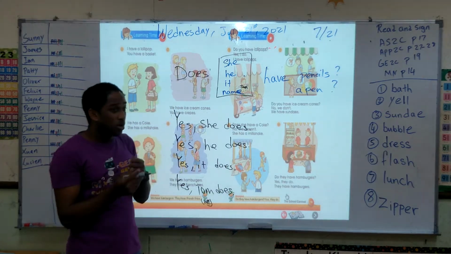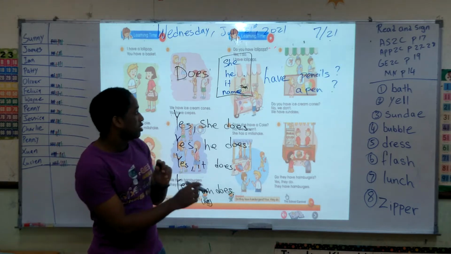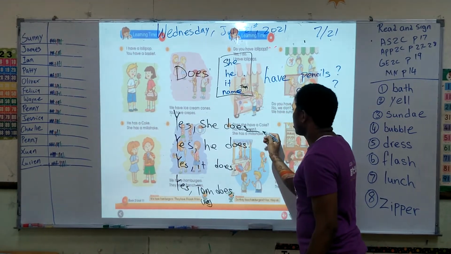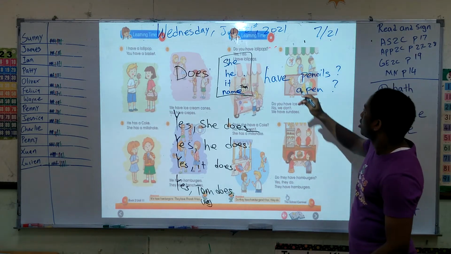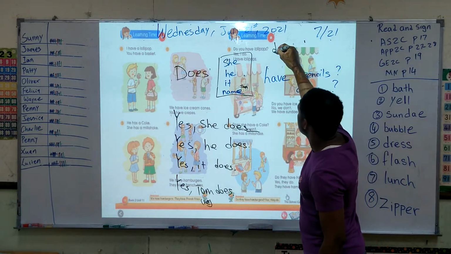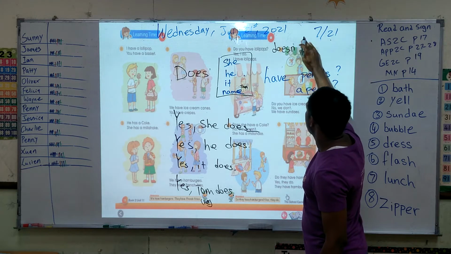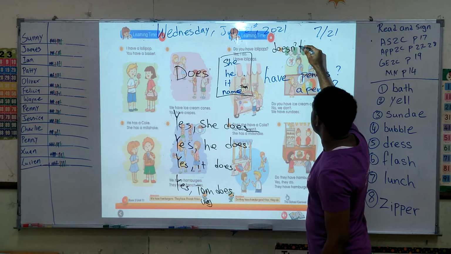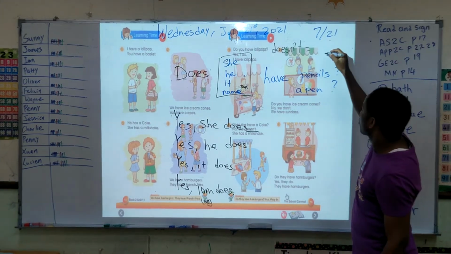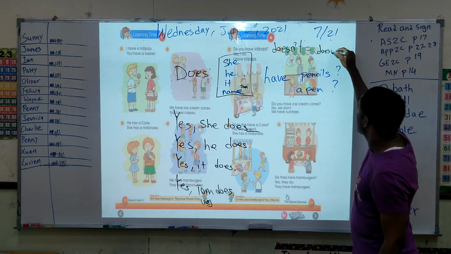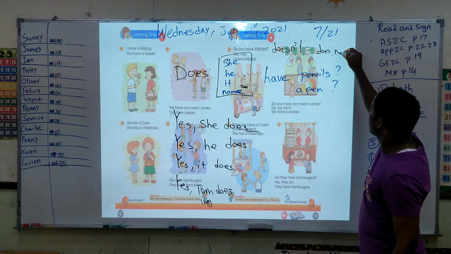Now we're going to look at no. Now over there you see does, doesn't. Teacher Levi, what is doesn't? So doesn't is D-O-E-S-N, the apostrophe and the T. It is a short way for you to write does not.